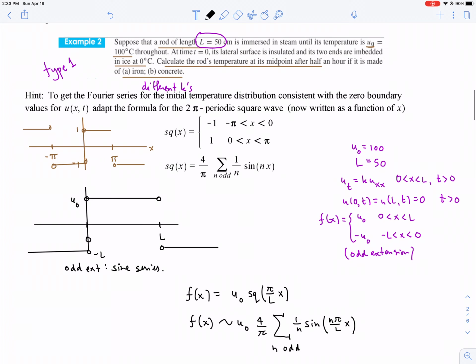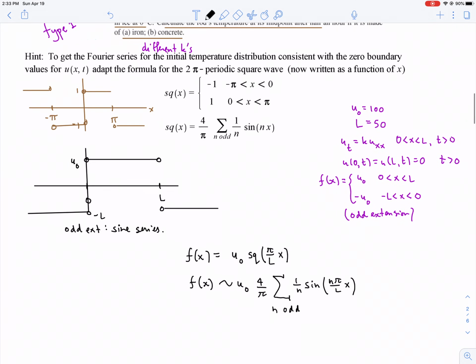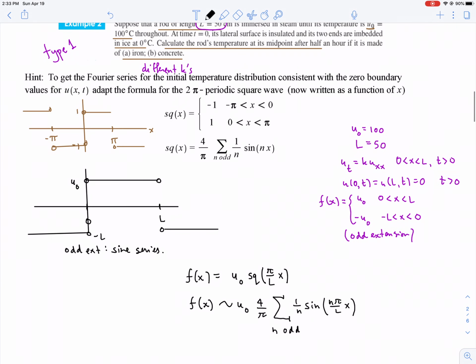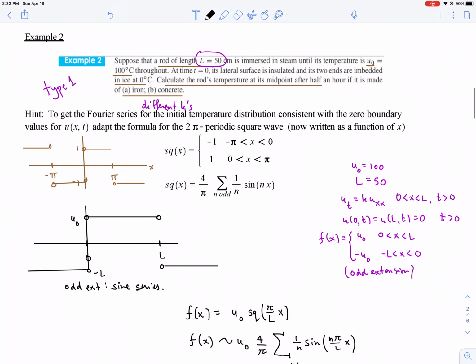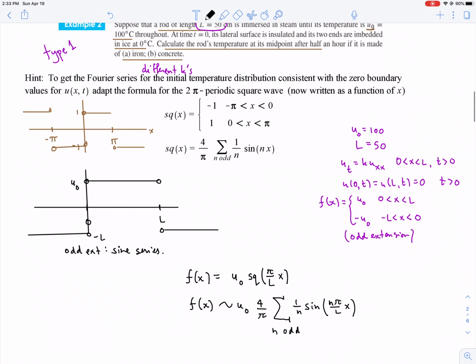Okay, so we now have the Fourier series for the initial temperature distribution in example 2.